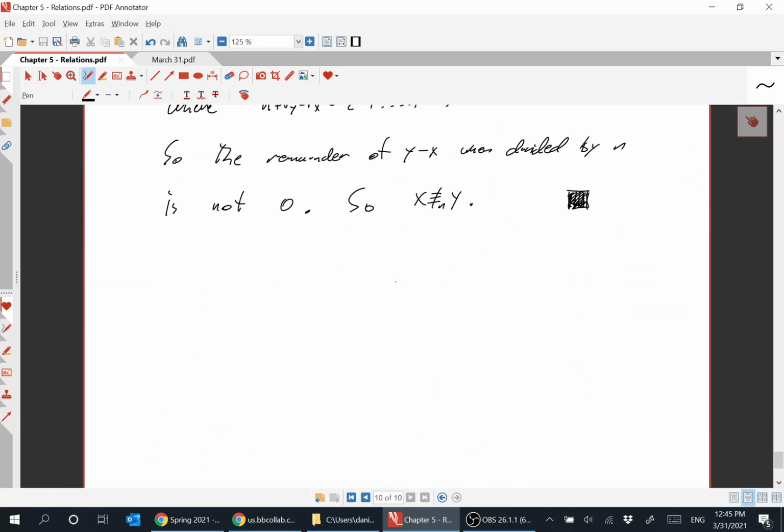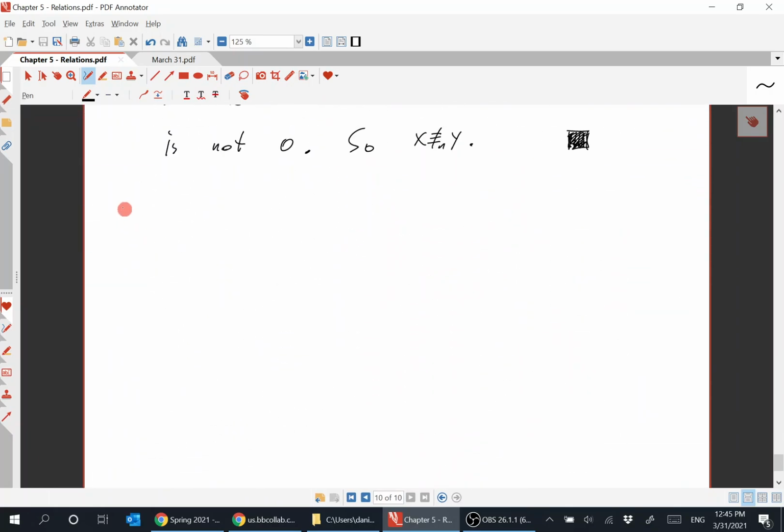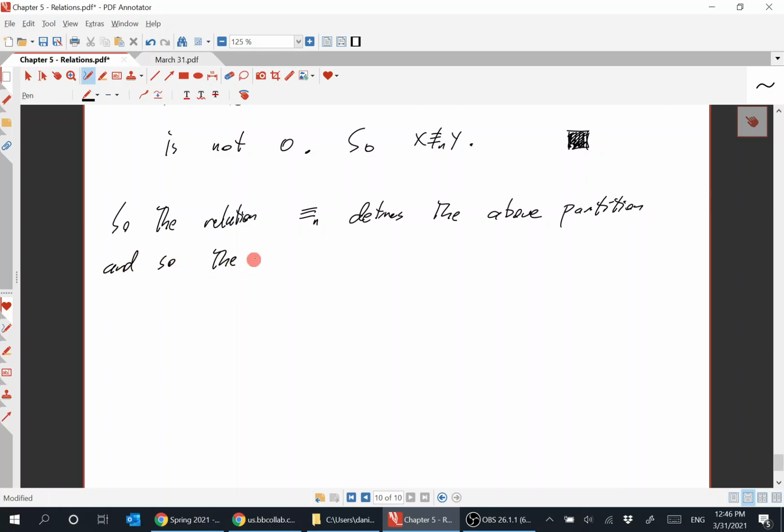All right. So the relation defines the above partition, and so the relation is an equivalence relation with these equivalence classes.